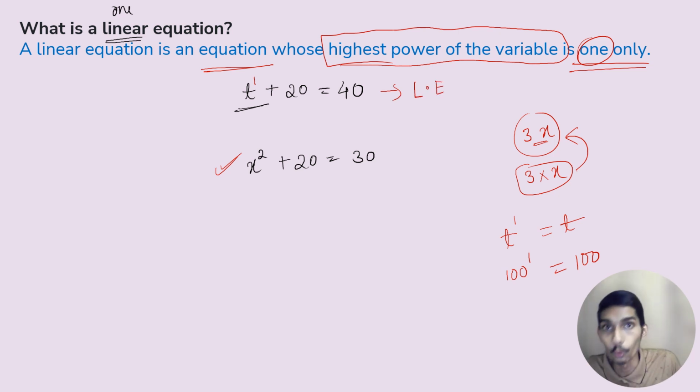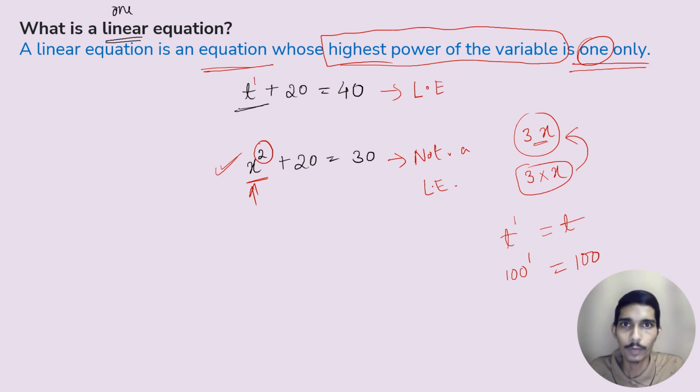Is the second one a linear equation? You will say no. Why is it not a linear equation? Because here the power of the variable is not 1 but 2, meaning square. As the highest power has increased to 2, we will not say it is a linear equation. It is quadratic, but it's not required now.